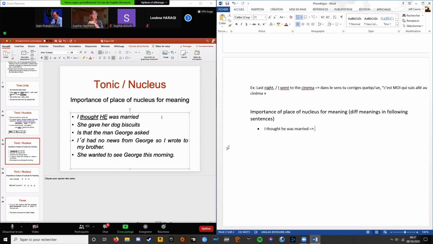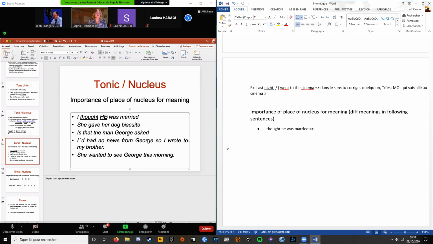So if you say, "I thought he was married," it means he as opposed to someone else. In French, you translate by something like, je pensais que lui, il était marié. Sous-entendu, c'est pas lui qui est marié, c'est un autre.